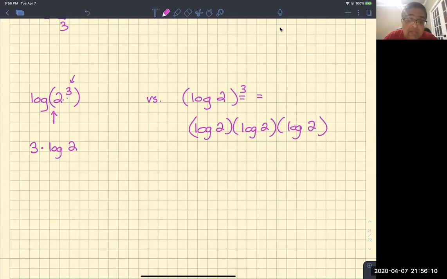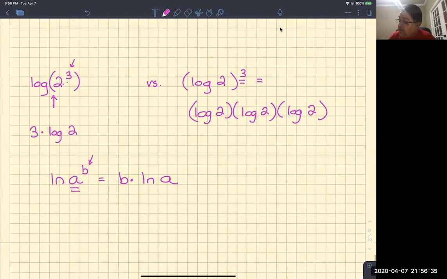So this is a place where a lot of students make mistakes. The property of the power rule says the log of a to the b power, so you take the log of an exponential, is the same as b times the log of a. Because the base of this exponent b is the variable a.